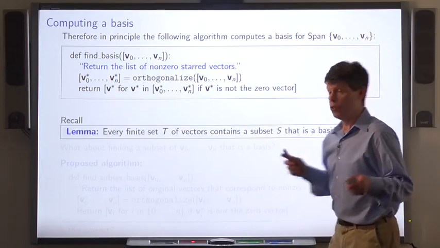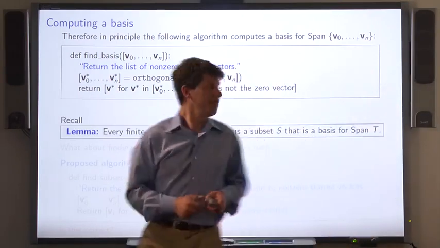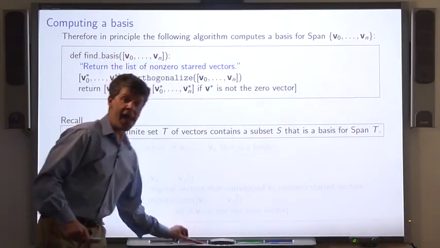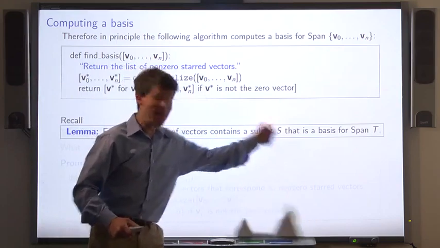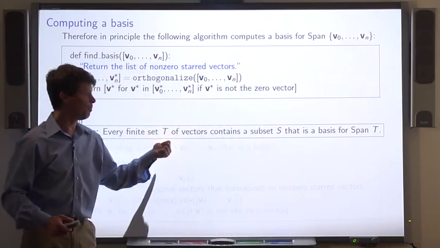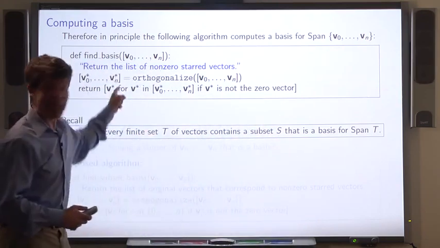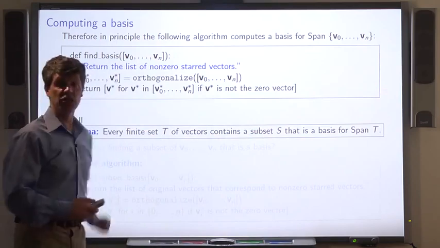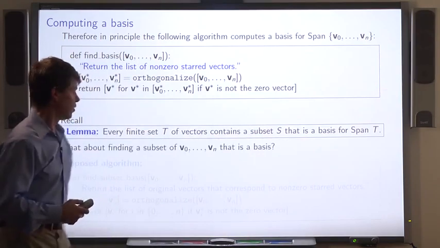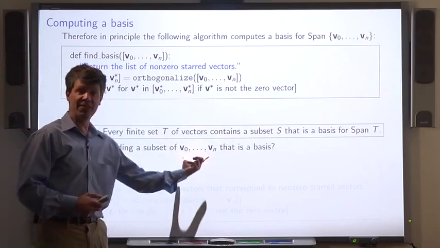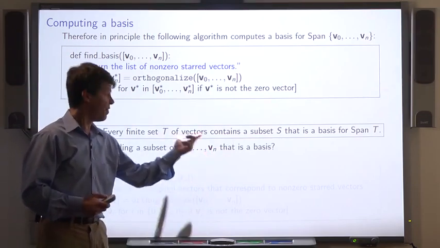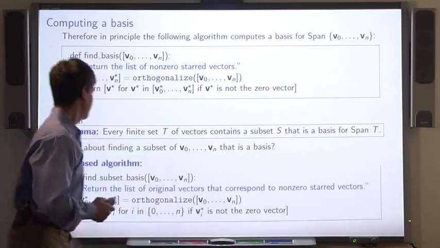Now, you might remember we had a lemma that said that every finite set T of vectors contains a subset that's a basis for the span of T. Can we adapt this algorithm to give us such a subset basis? So given vectors v0 through vn, find a subset of these input vectors that is a basis for their span.